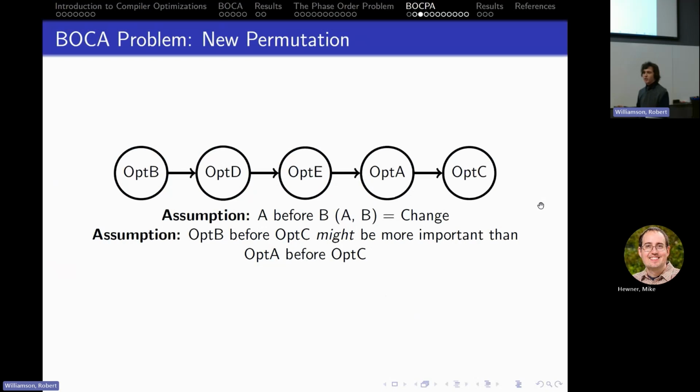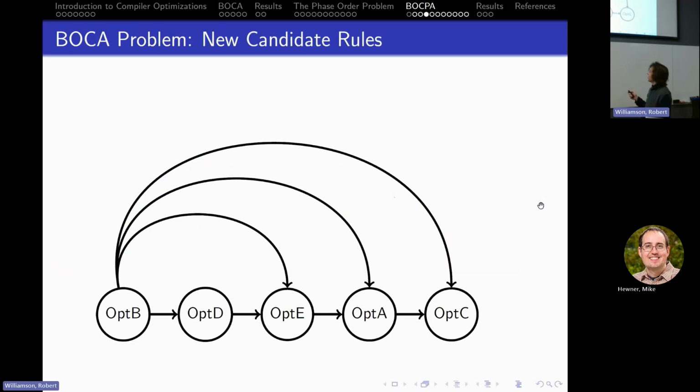So how do we actually give that information to the compiler and to our BOCA algorithm? Because it might be more important that B comes before C regardless of how far apart they are than something like A coming before C. But we can do that simply by adding more edges in our graph. Now we know that B has to come before C as well.